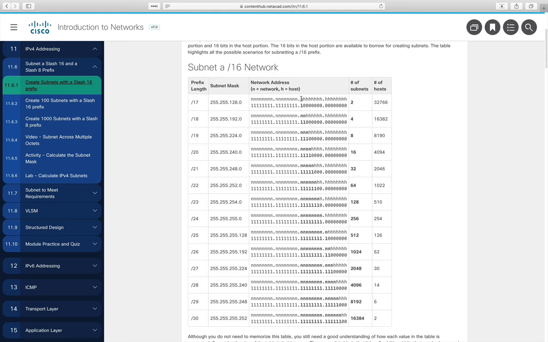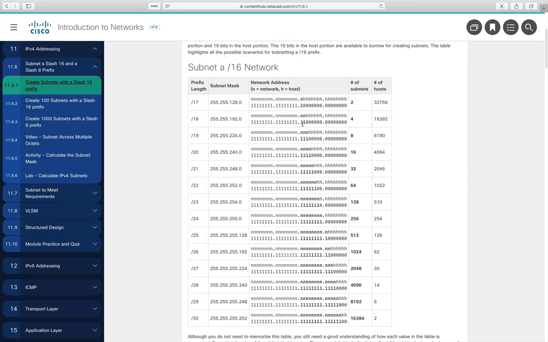One formula that you need to know is 2 to the n, where n is the number of bits you borrowed, is the number of new subnets you can have. So here we borrowed 1 bit, 2 to the 1 is 2. If we move down here and borrow 2 bits, 2 to the 2, or 2 squared, is 4.